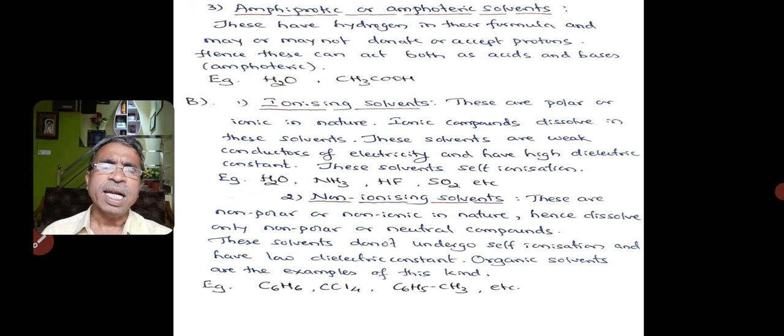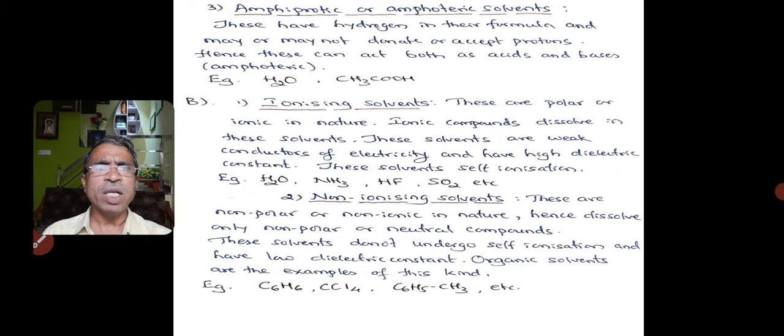Coming to the second class, known as ionizing solvents. These are polar or ionic in nature. Ionic compounds dissolve in these solvents. These solvents are weak conductors of electricity and have high dielectric constant. These solvents undergo self-ionization.